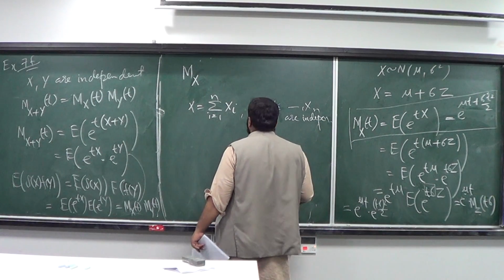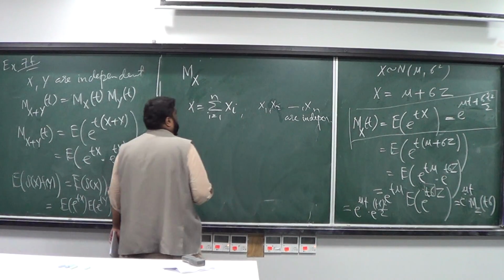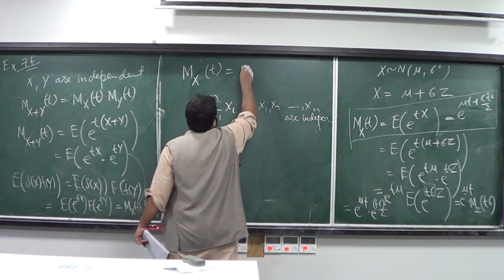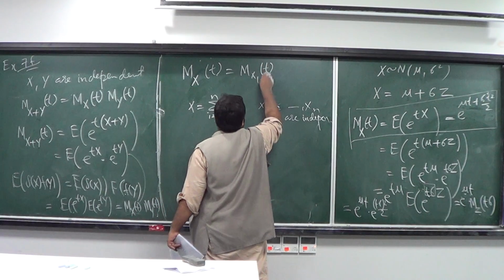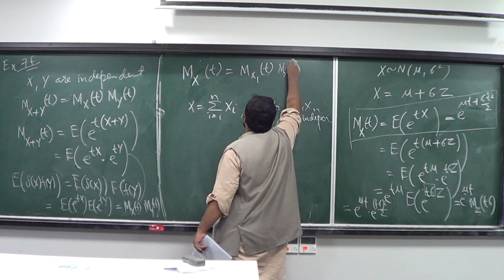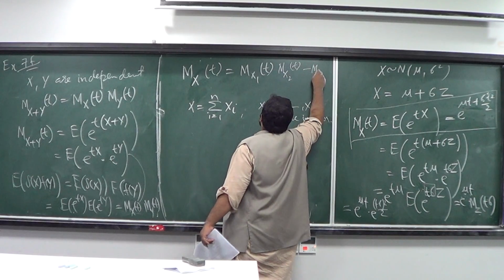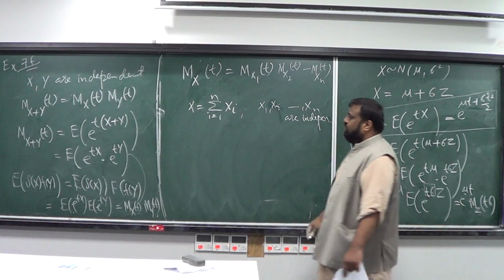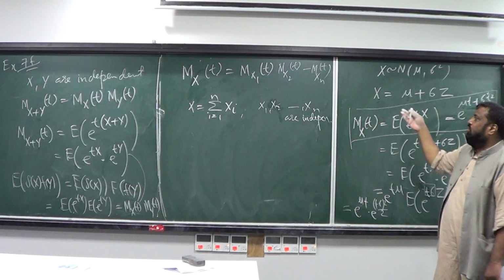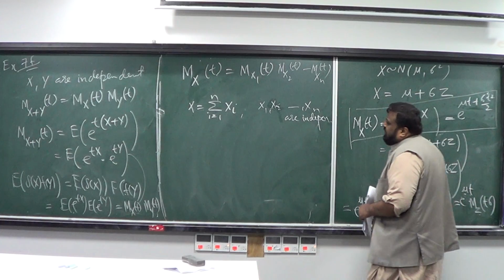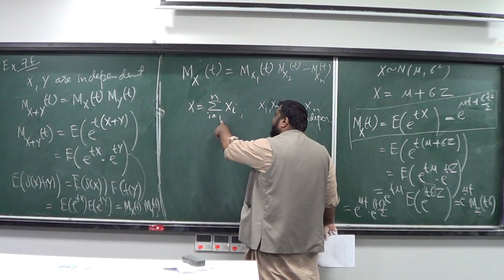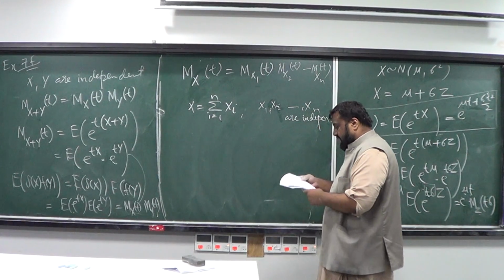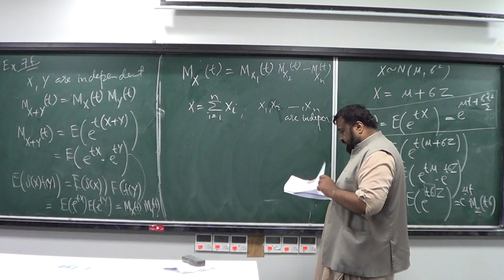Okay, they are independent. So what would be the moment generating function of x at t? It's going to be the product of the moment generating functions of these actually: x1 of t, x2 of t, up to xn of t. So you can easily show through induction that this is true in general, that the moment generating function of the sum of independent random variables is equal to the product of their moment generating functions. Okay.